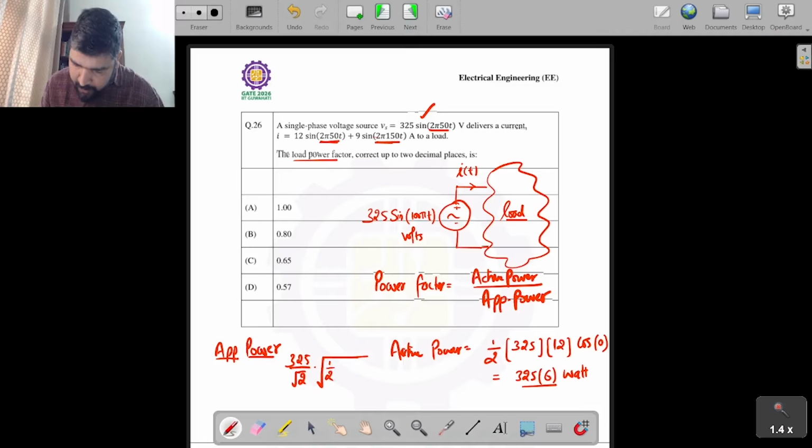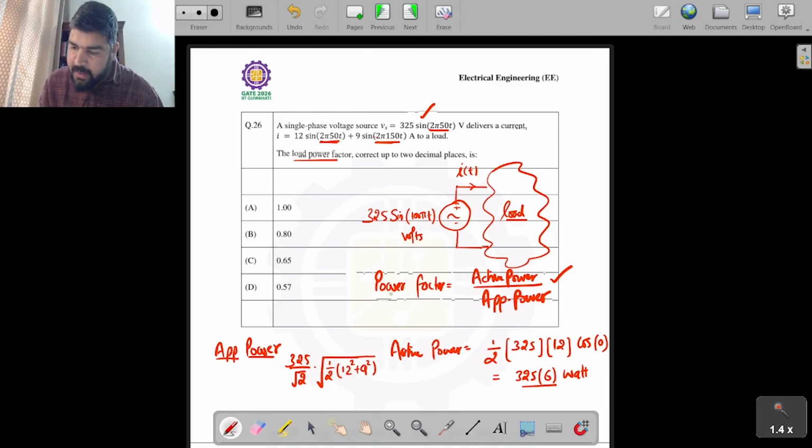For the RMS value of current, again we can apply the Parseval theorem, so it will be the square root of 12 square plus 9 square, all divided by 2. This is our apparent power. Now if we put the active power and the apparent power in this expression, we can find the power factor.